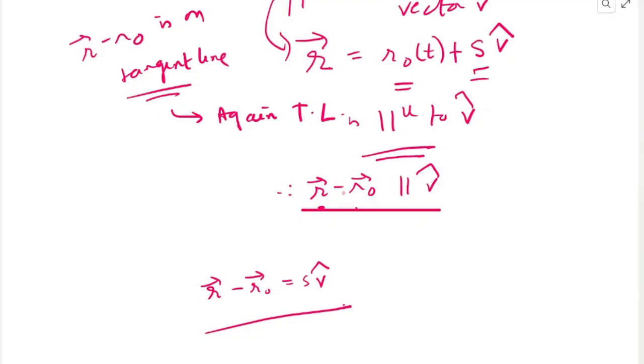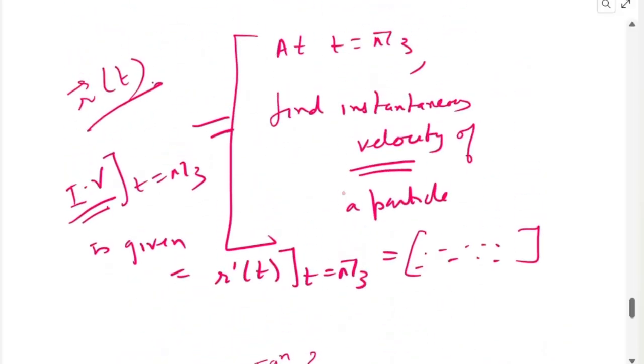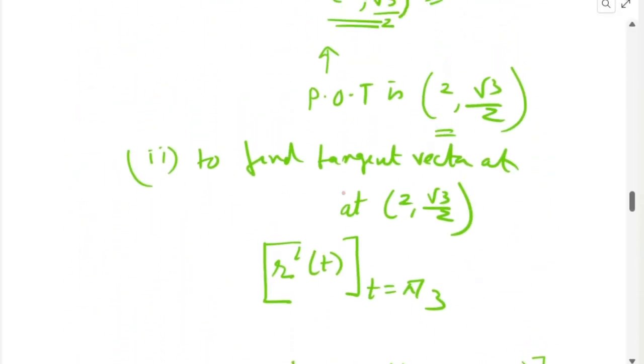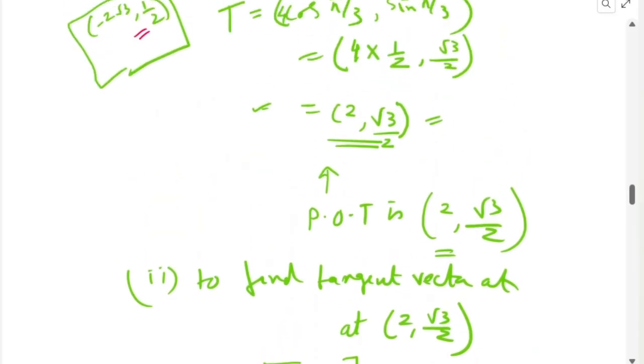Let me write it like this. Let me do one sum so that you understand here, or you can do it with this sum also. Let me complete this sum only. Suppose I extend my question. My question earlier was in two parts: find the tangent vector and the point of tangency.